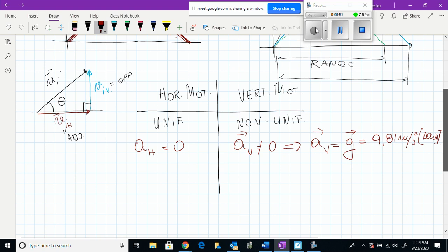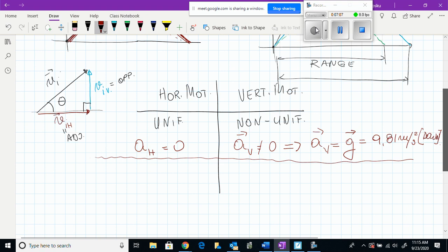Okay? So this is the first quantity that we deal with, in both the horizontal and the vertical, the uniform and non-uniform motion.